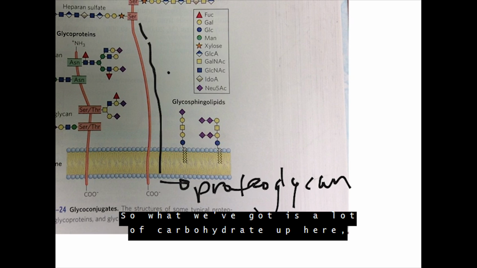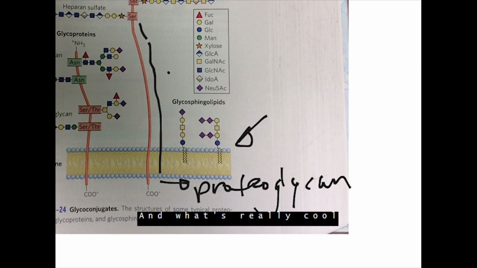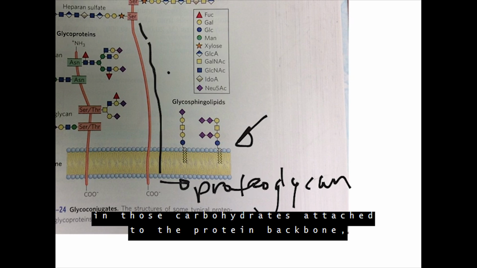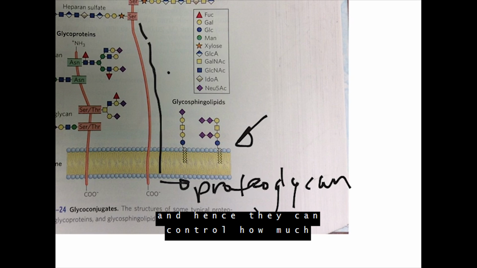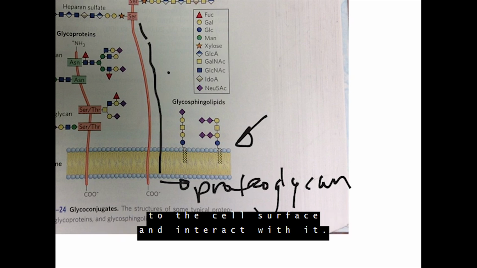So what we've got is a lot of carbohydrate up here, and these carbohydrates then serve the roles mostly of grabbing ligands and modulating their interaction with receptor proteins here on the cell surface. And what's really cool about this is proteins can control the amount of sugars in those carbohydrates attached to the protein backbone, and hence they can control how much of a barrier there is to proteins trying to get up next to the cell surface and interact with it.